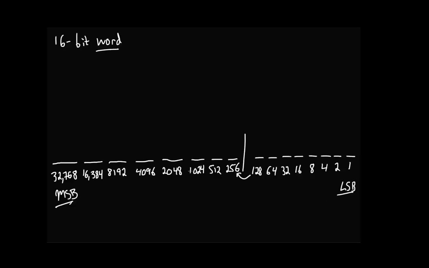So, with 1 byte, this is just amazing how much more information we can fit. With 1 byte, we have 0 through 255 as our range, which is 256 numbers that we can put in. But with 2 bytes, we have 0, and what's our maximum?